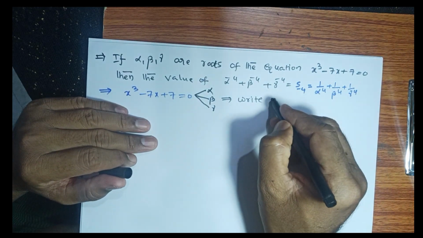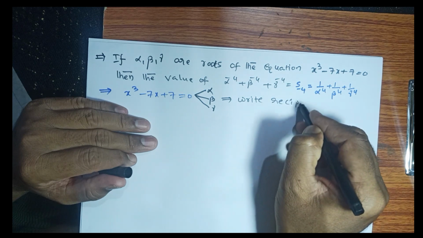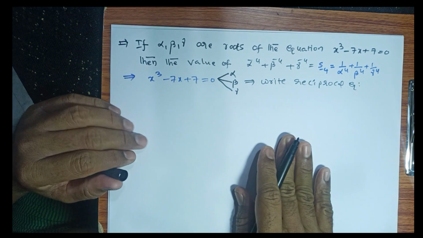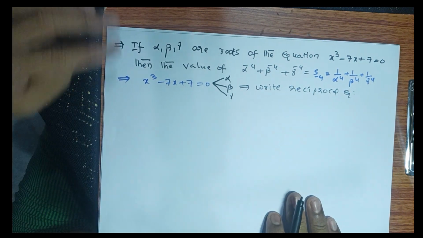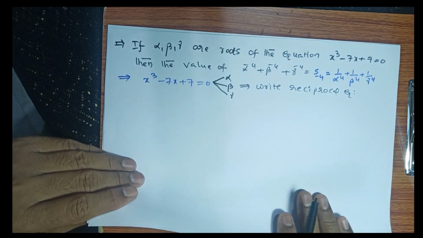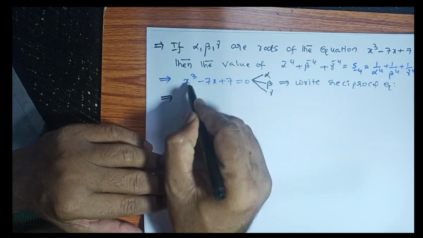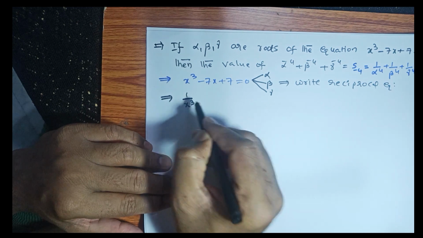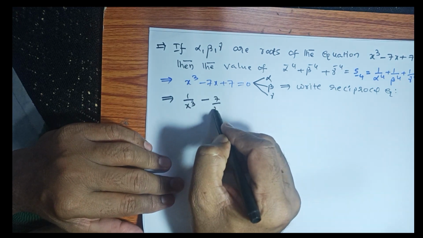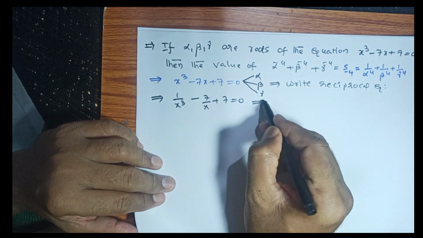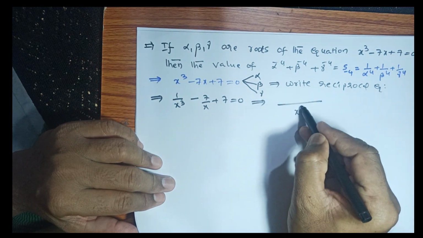Now write the reciprocal equation. What is the reciprocal equation? Replace x by 1 by x. Replacing x by 1 by x, it becomes 1 by x cube minus 7 by x plus 7 is equal to 0. If you take the LCM, x cube is the LCM.